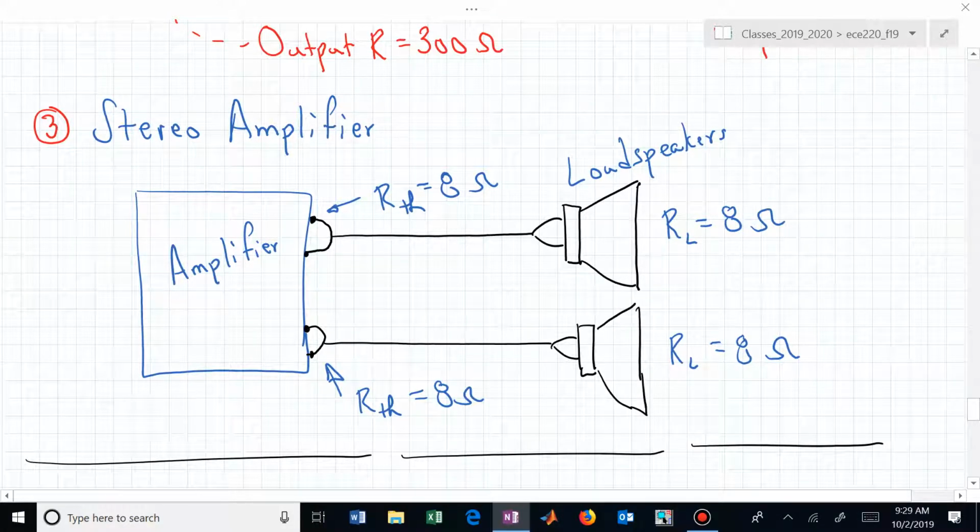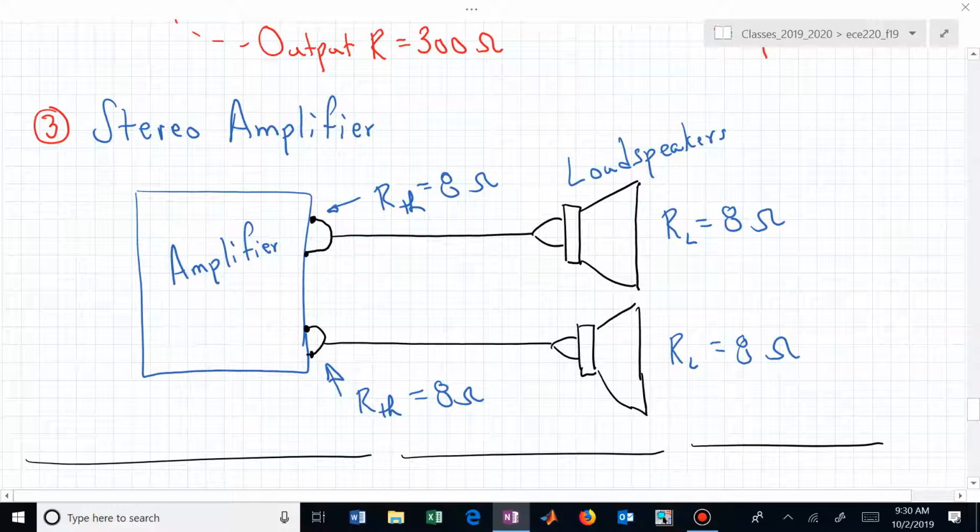How many people like to listen to music? I don't even know now what you have in terms of your speakers. Now all you have are earbuds, right? But if you had loudspeakers, a lot of times those have an 8 ohm impedance. And because of that, your amplifier now wants to be matched to that so that whatever you're generating with your amplifier, you now are effectively maximizing the power that you're presenting to your loudspeaker.